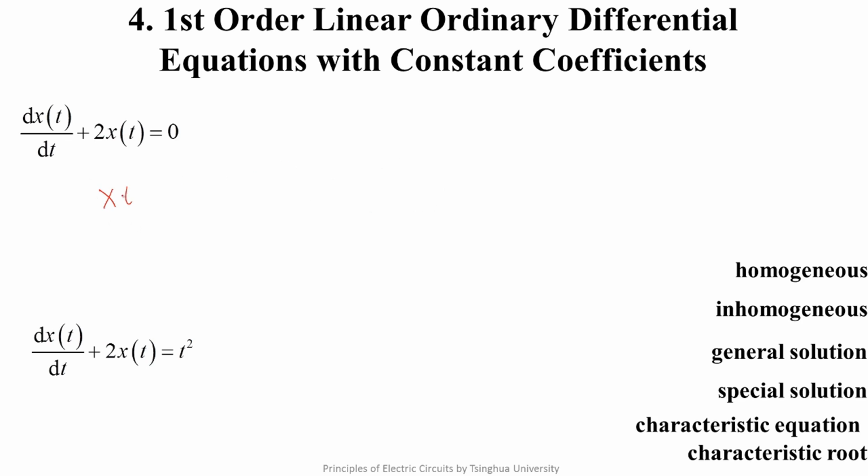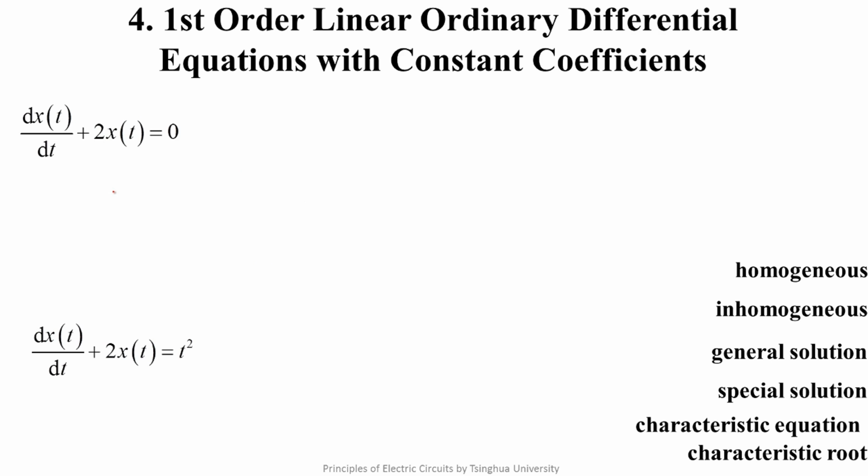Next, is it okay if x(t) is equal to sine t? Its first order derivative is cosine t. Cosine t plus 2 times sine t is also not equal to 0.